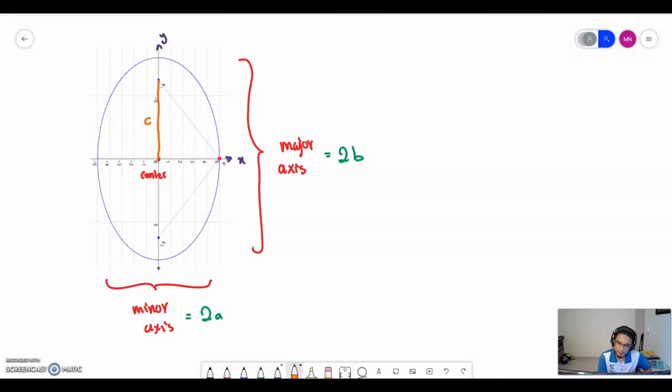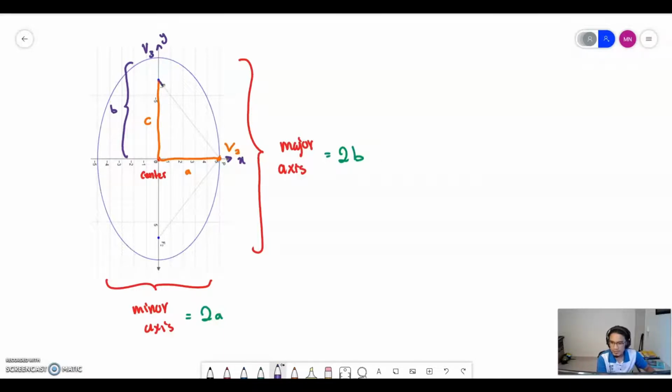The length from the center to the minor vertex right here, V2, which is a minor vertex because it is on the minor axis, will be labeled as a. The length from the major vertex V3 to the center is equal to b.